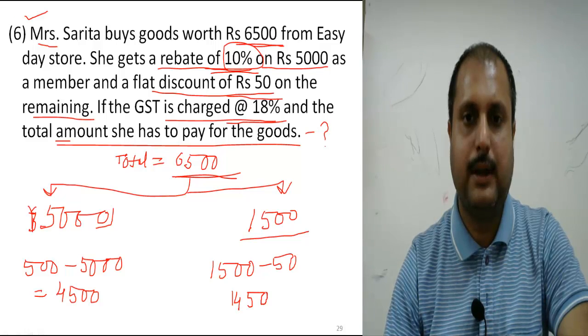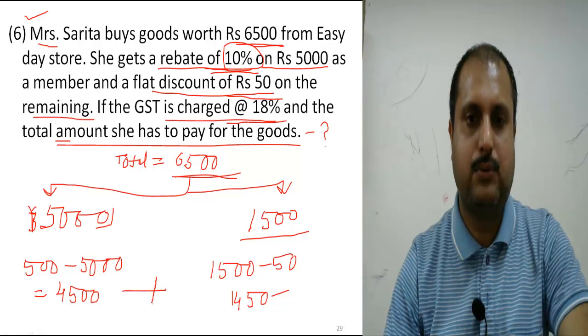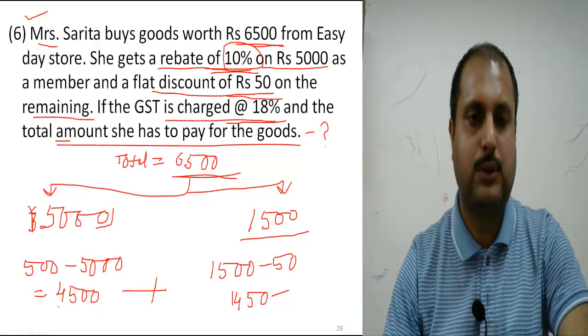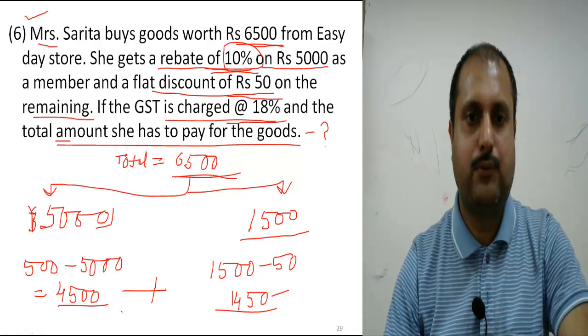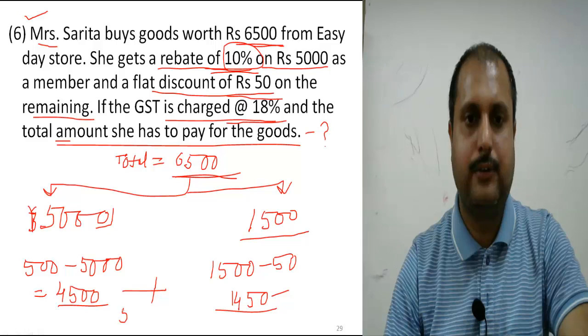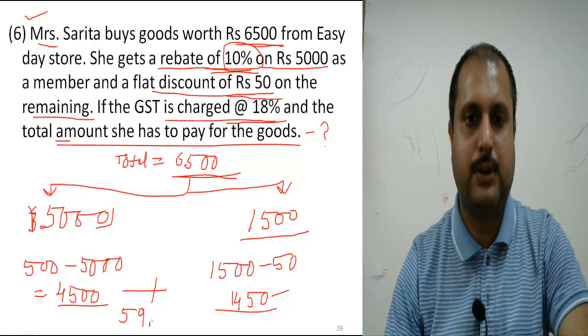Now add this amount. What would be the addition? 4,500 plus 1,450. So 5,950 would be the total amount.